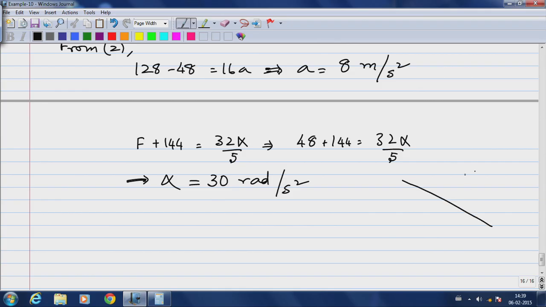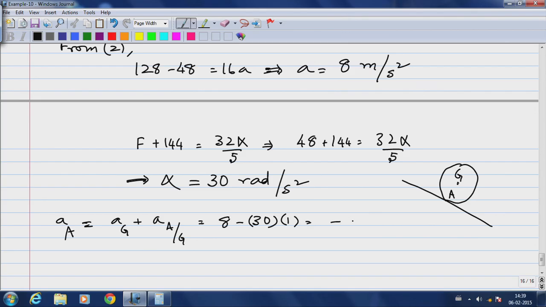So, let us just see what the kinematic condition would look like at the point of contact. The acceleration at the point A is acceleration of G plus the acceleration of A as observed by G. This is 8 minus 30 into 1, which is minus 22 meters per second squared.